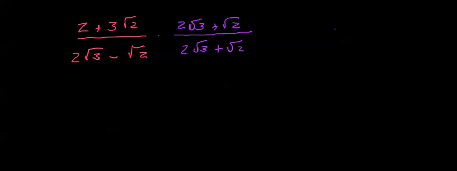Then we're going to have to do binomial multiplication twice. Numerator, 2 times 2 radical 3, 4 radical 3, 2 times radical 2, 2 radical 2, 3 radical 2 times 2 radical 3, 3 times 2 is 6, and radical 2 times radical 3 is radical 6.